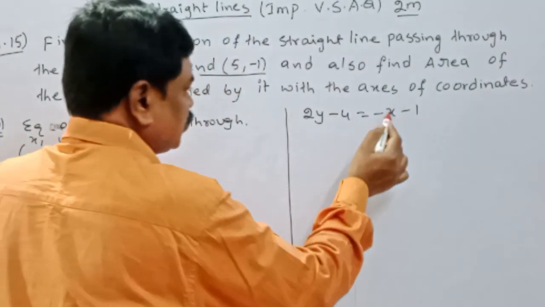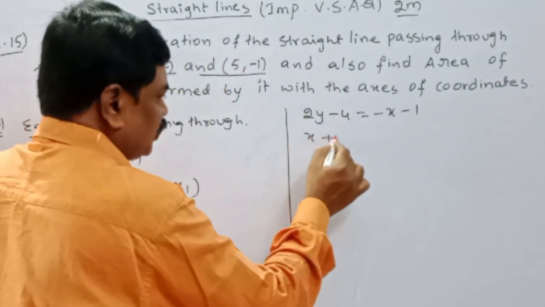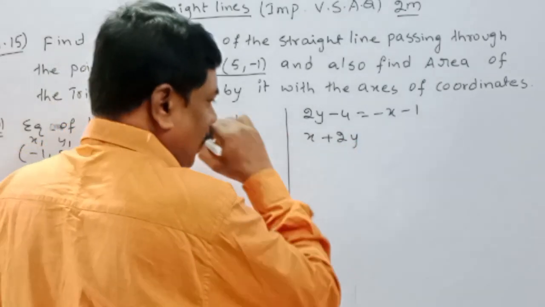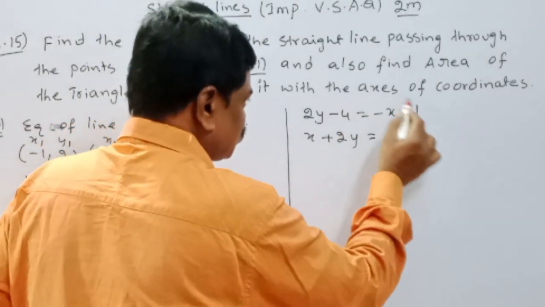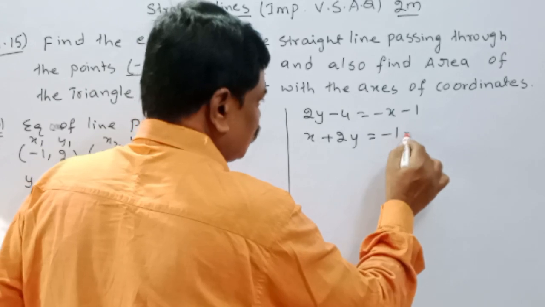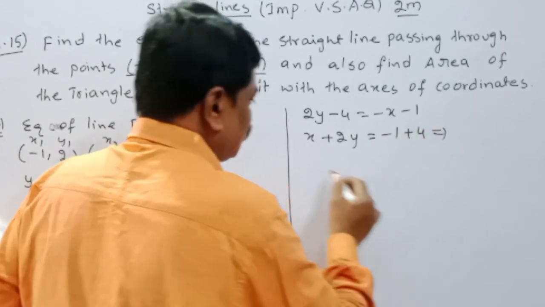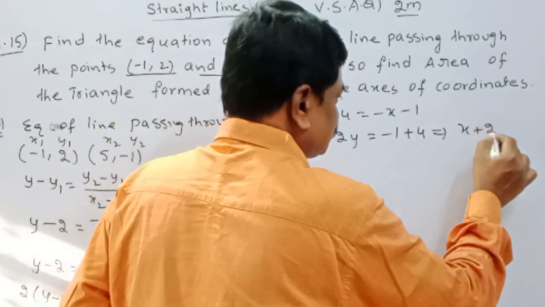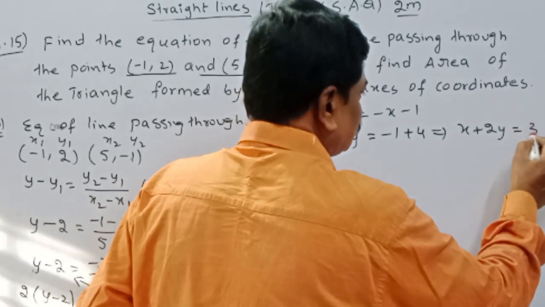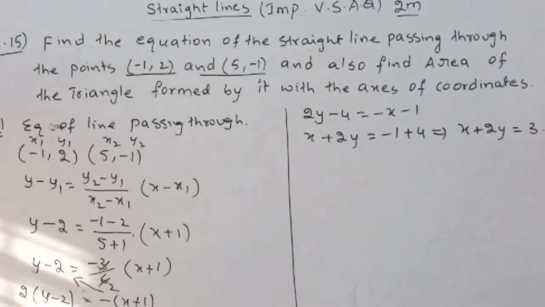You can take minus x to this side: x plus 2y equal to minus 1 plus 4, which implies x plus 2y is equal to 3. So this is the required line equation.